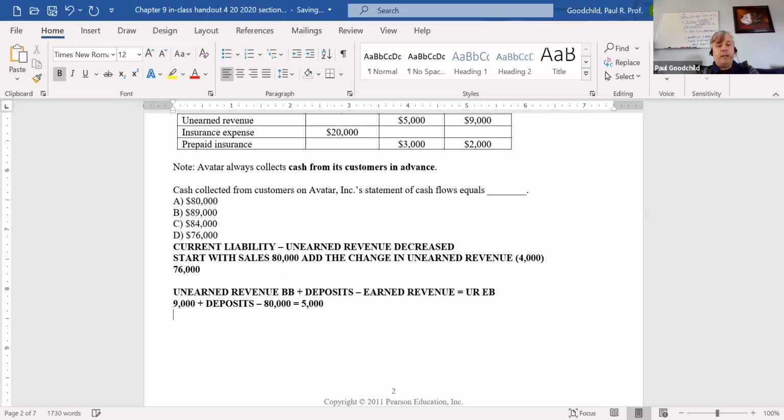So combining like terms, we have deposits minus 71,000 equals 5,000.